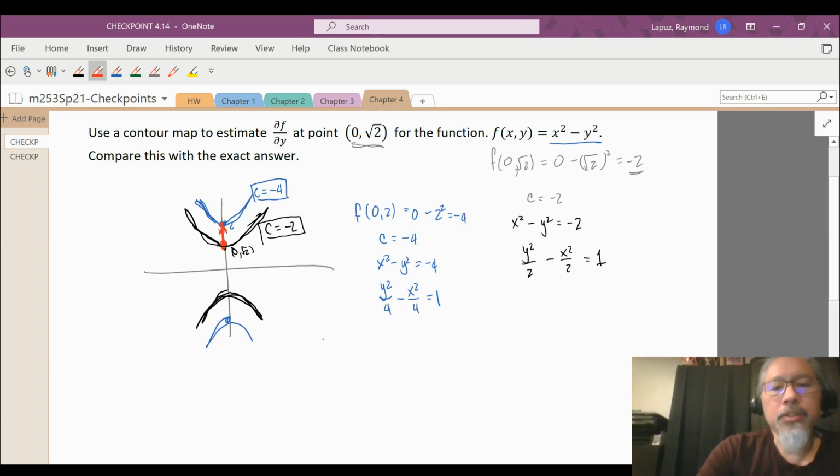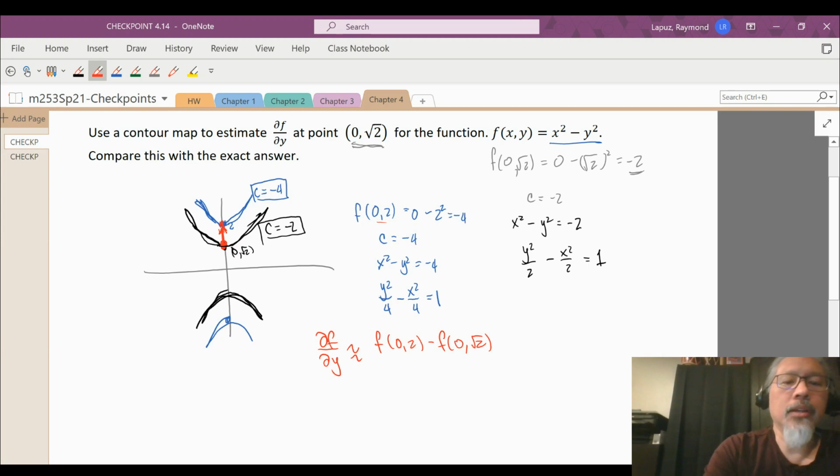And so the partial of f with respect to y is approximately equal to, and this is without the limit, f of, actually, let's start from 0, positive 2, 0, 2, minus f of 0, square root of 2.